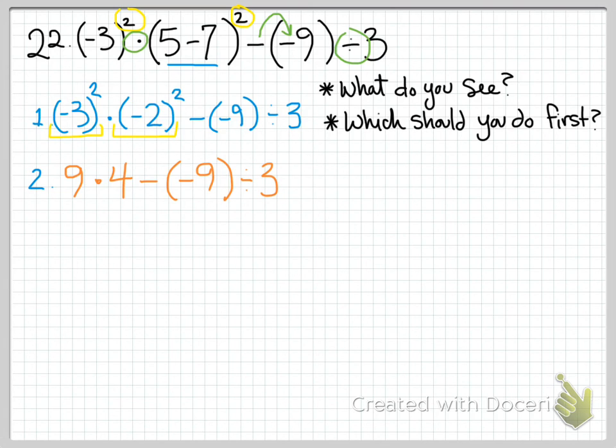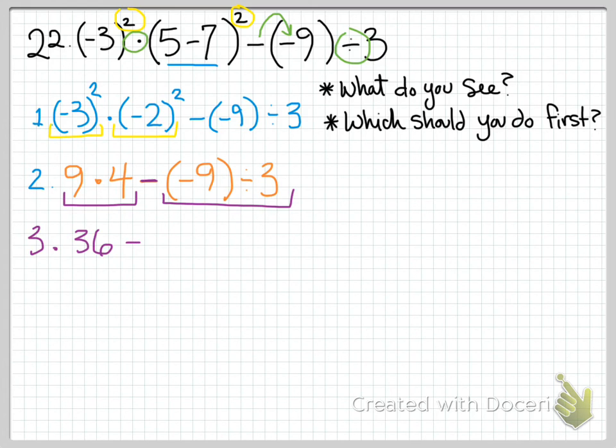So I have multiplication here and division here. And I'm just going to leave this subtraction where it is. So moving left to right, multiplication and division, 9 times 4 is 36. We'll bring down that negative sign.